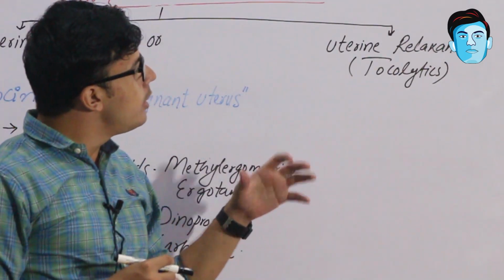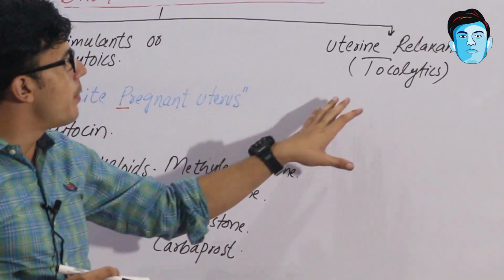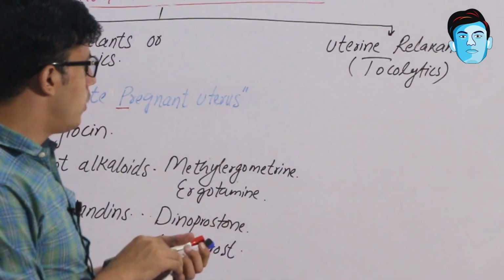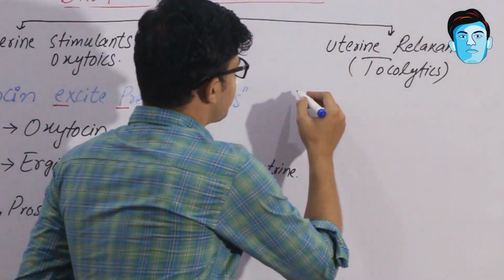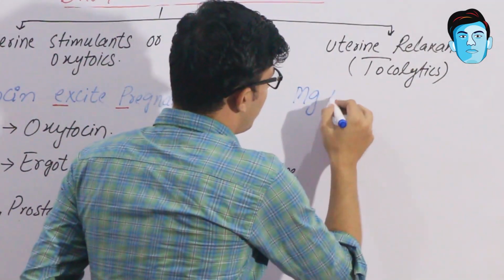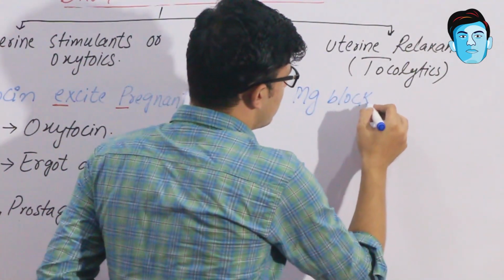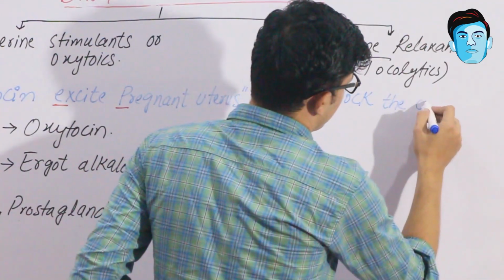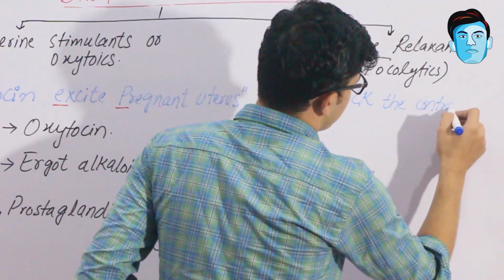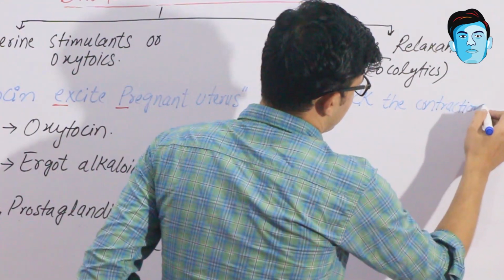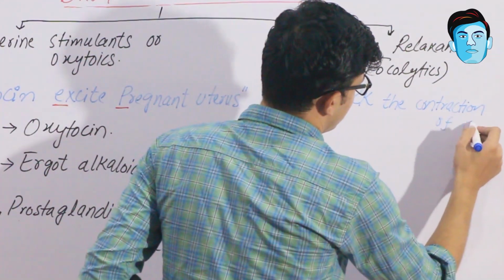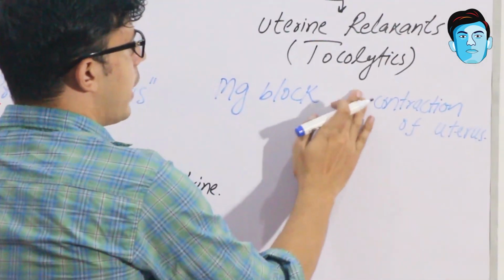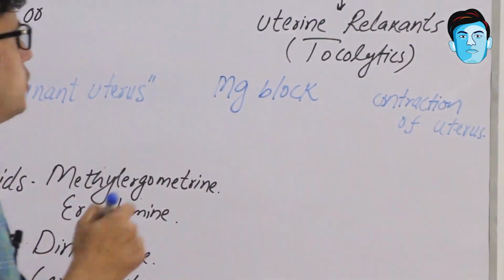Before I explain the drugs that come under the class of tocolytics, you need to know a sentence: magnesium block contraction of uterus.